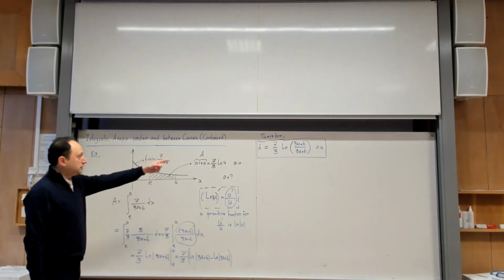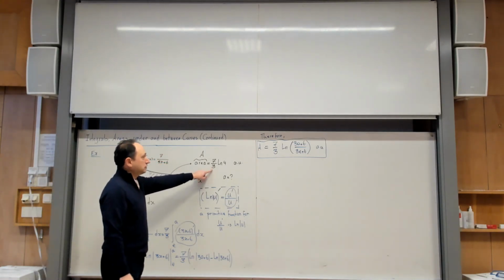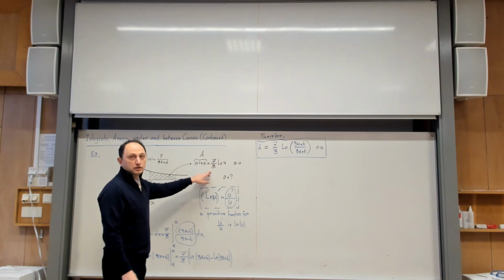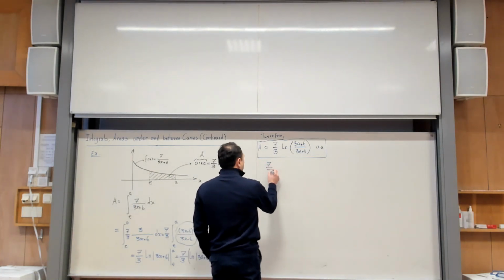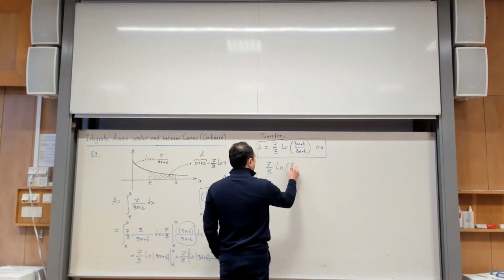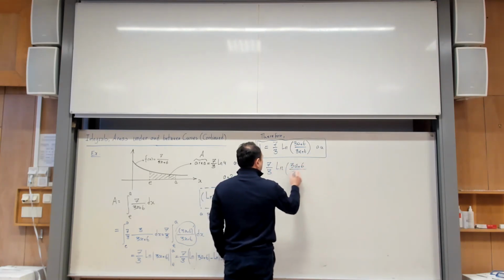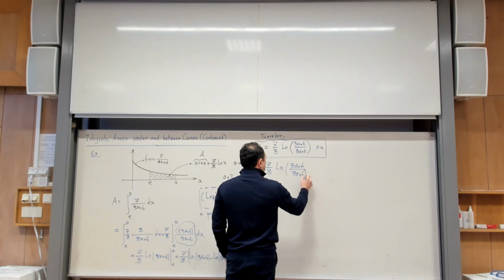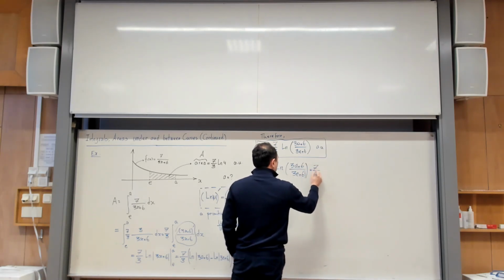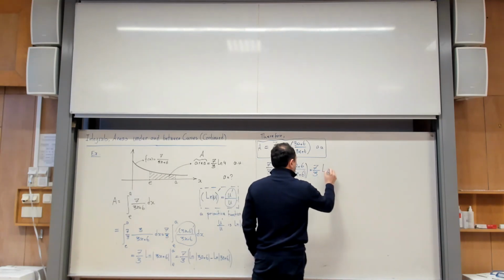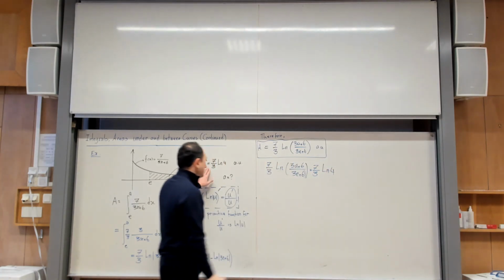But this area is already given to you, so that should be equal to this, okay? So therefore, what I get is 7 over 3 ln of (3a plus 6) over (3e plus 6) is equal to 7 over 3 ln of 4. Yes, is that understandable? Because the area was given to me from the beginning.